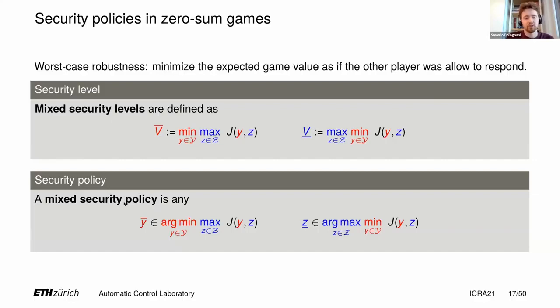And the mixed security policies are just mixed strategies that achieve these two. So the y bar is exactly the argmin of this min max, and the z bar is the argmax of this max min operation. These seem very conservative. This is what you can do if you cannot play simultaneously. You need to announce your decision and then see how the other responds.